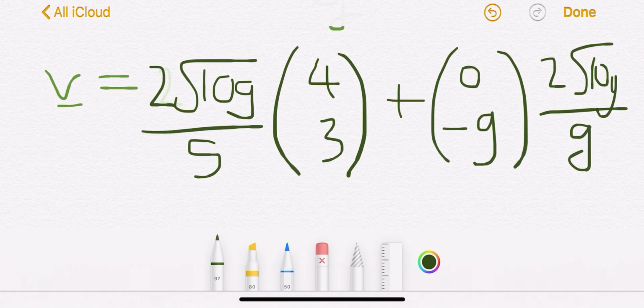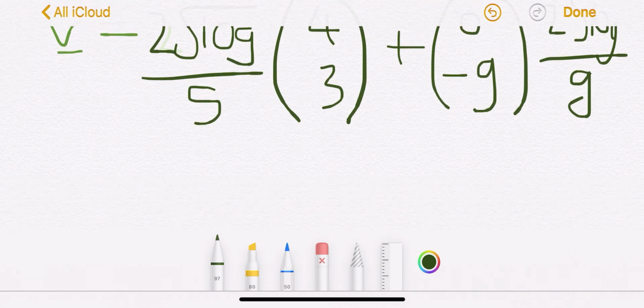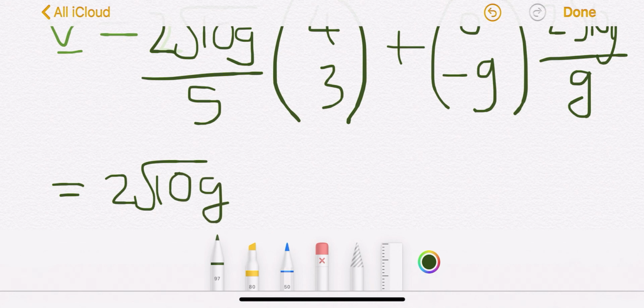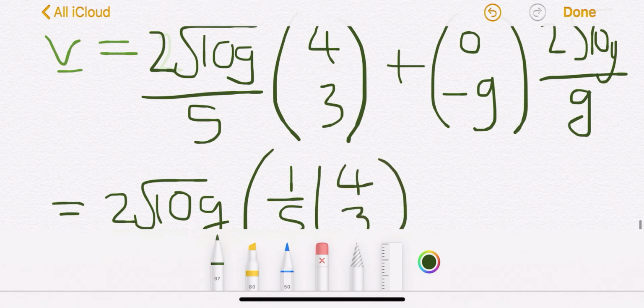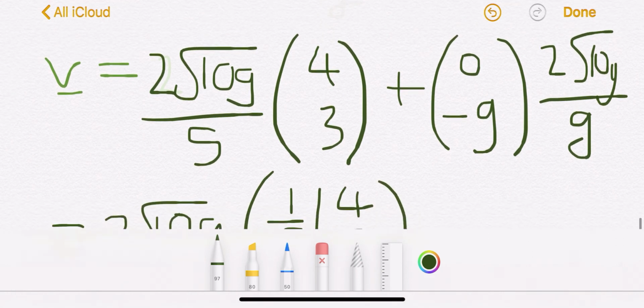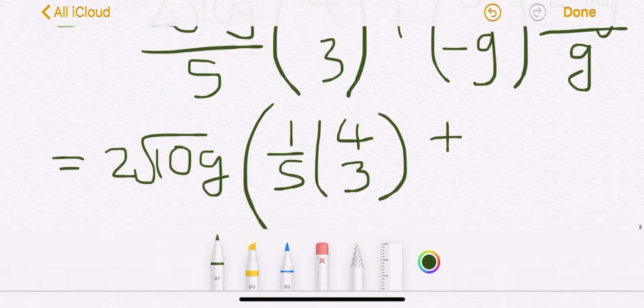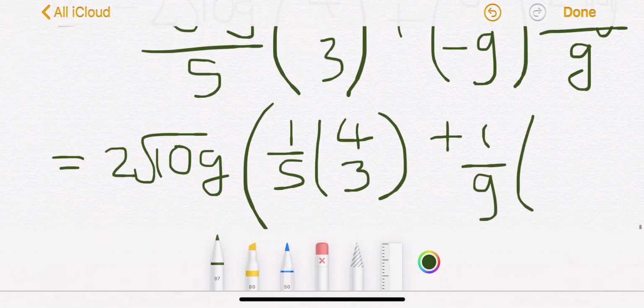And now we can just go about simplifying this. So what are we going to have? Well, if you notice as a whole, we can take a factor of 2 root 10g. So this is equal to 2 root 10g, brackets, and then 1/5 of 4 and 3, plus 1 over g lots of 0 minus g.